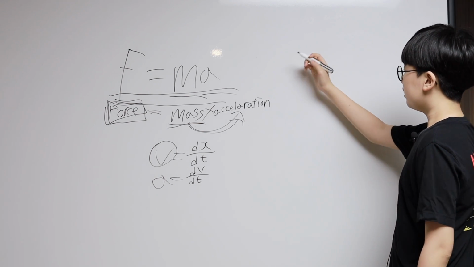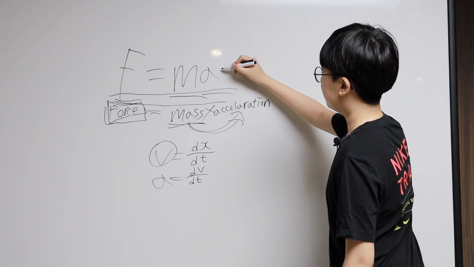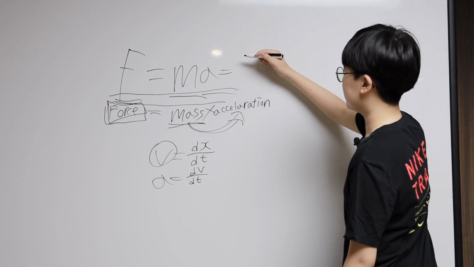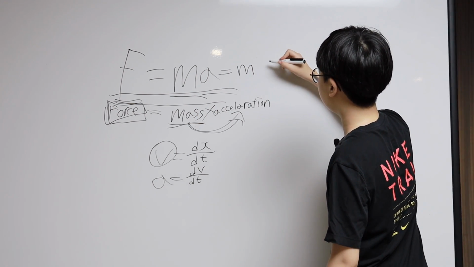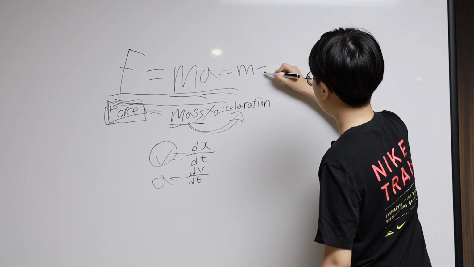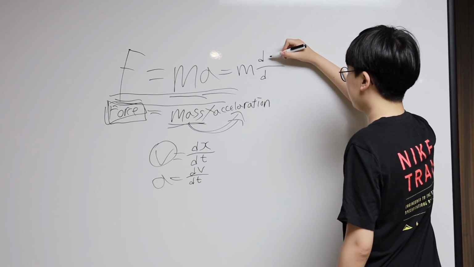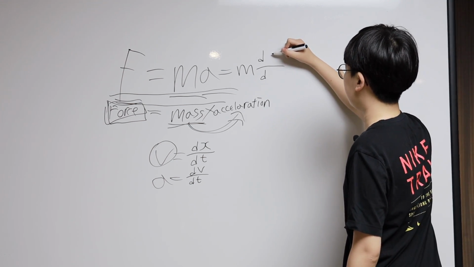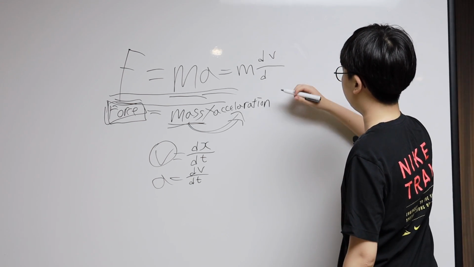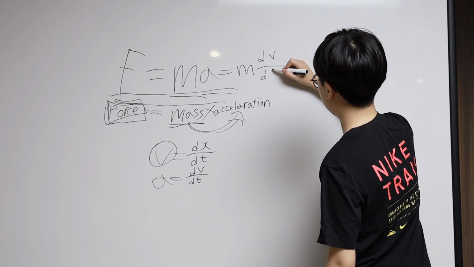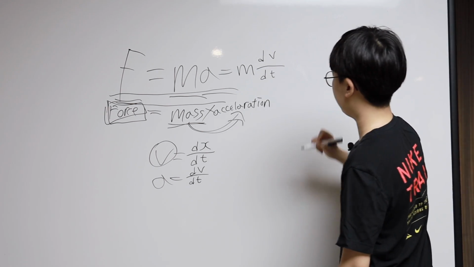Now, let's make this a bit longer. So it's m times the difference between velocities over the difference between time.